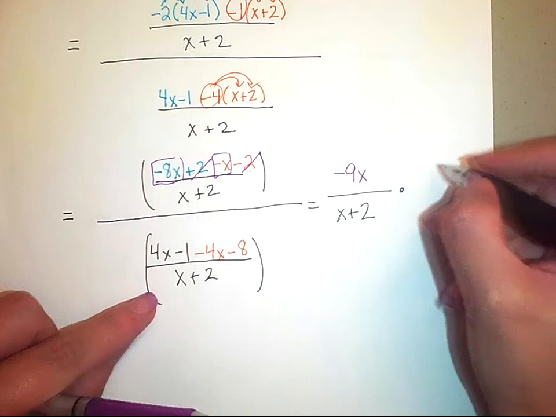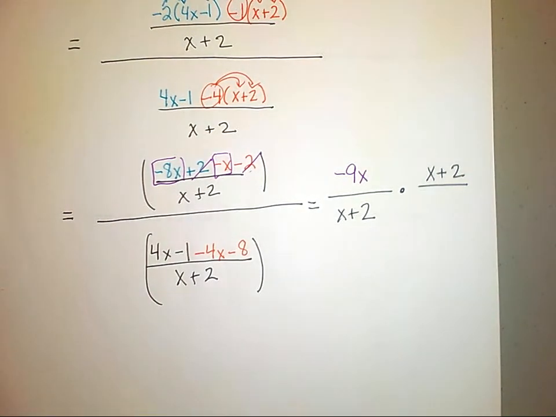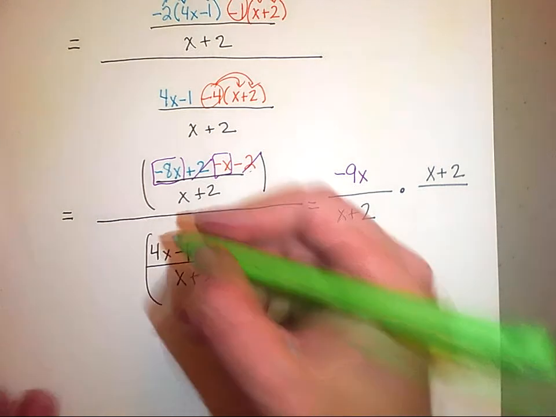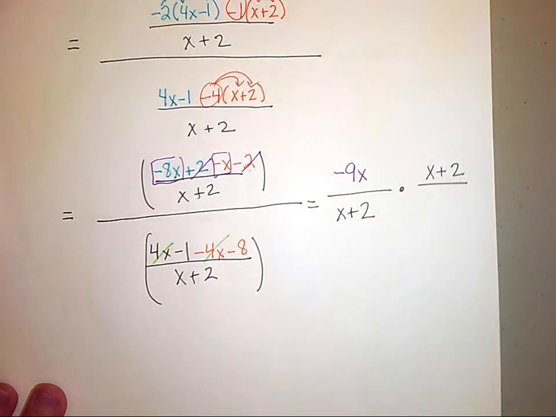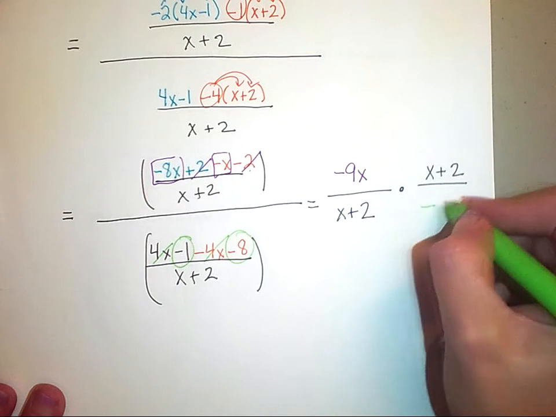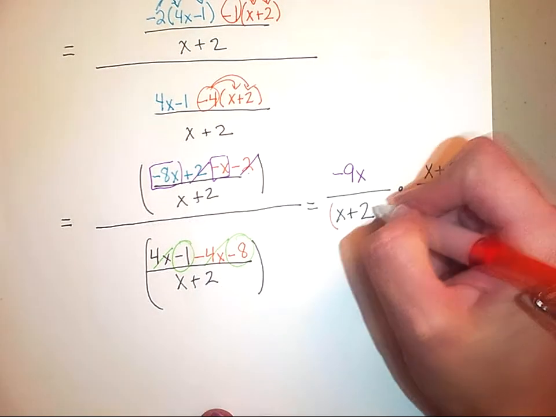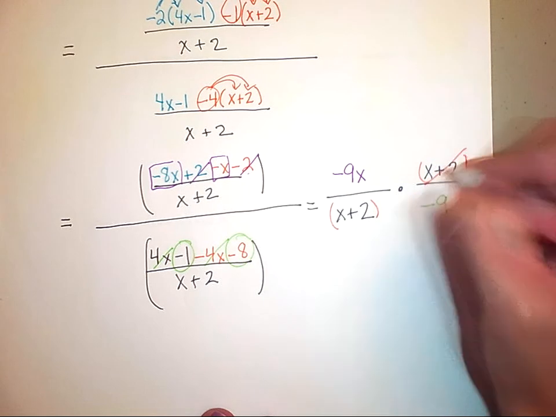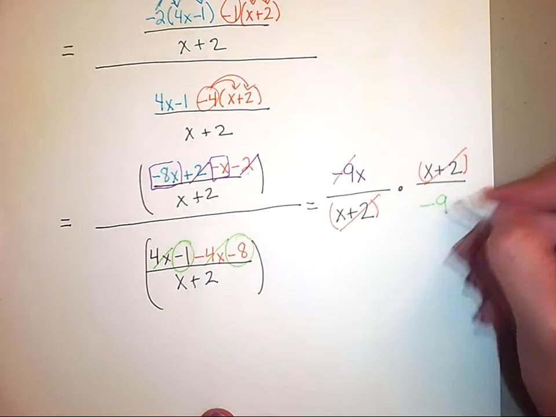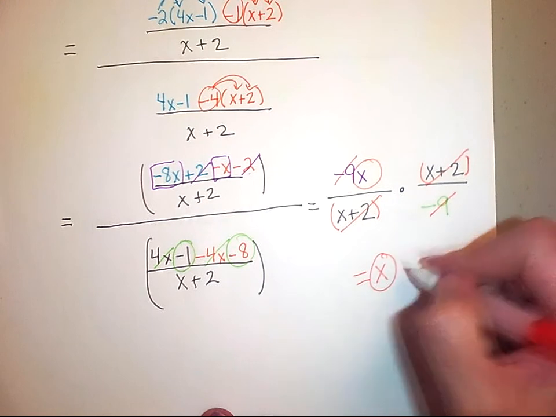Now I'm going to flip and do the multiplication here as well. So the x plus 2 comes up top, and then down below, 4x's minus 4x's goes to 0. So we just have minus 1 minus 8, which is minus 9. And now we can do the canceling. So this x plus 2 will cancel with this x plus 2. This negative 9 will cancel with this negative 9. And we are left with just x.